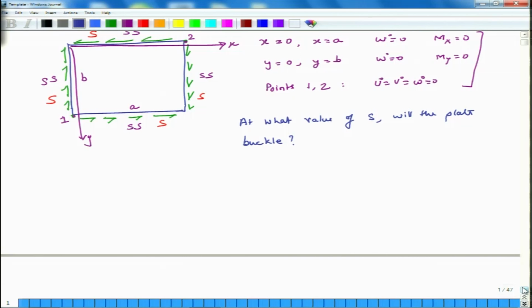Once again, to solve this problem, we have to solve the differential equation associated with the z direction, and before we do that, we assume that the plate is symmetric. So, lamination is symmetric, and if it is symmetric, then I can say that the B matrix is a null matrix. The other thing is that the plate is especially orthotropic.